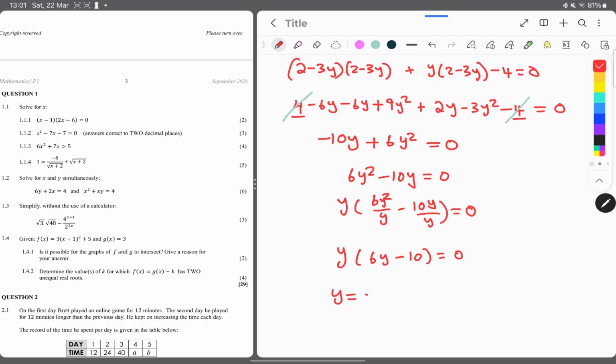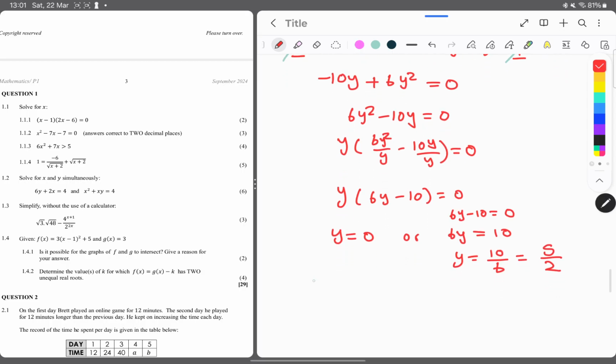Our y is either equal to 0 or 6y equals 10, because 6y minus 10 is also equal to 0. Therefore, y is equal to 10 over 6, which is the same as 5 over 3.